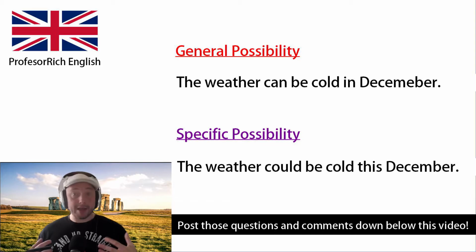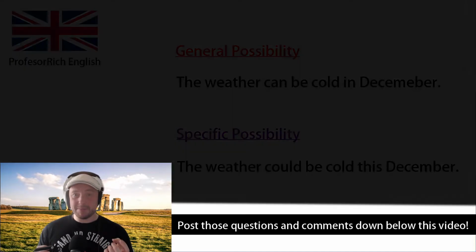Could, as I said, we normally use with specific possibility. Also with could, the negation of could doesn't mean that something might not happen, like with might, it's possible this will not happen.